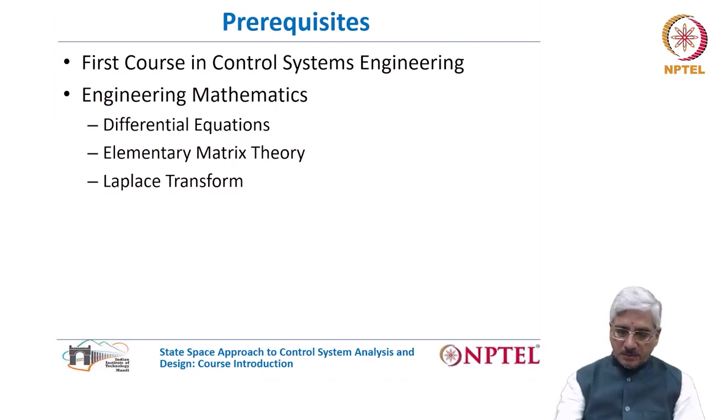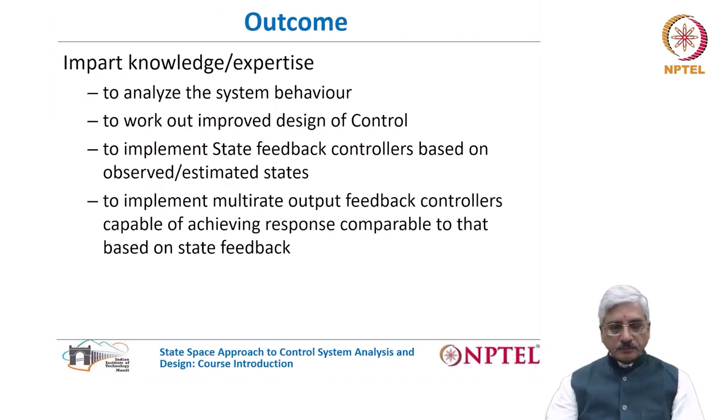These are some prerequisites. By undergoing this course, one will be able to analyze the system behavior, work out improved design of control, and implement state feedback controllers based on observed or estimated states.